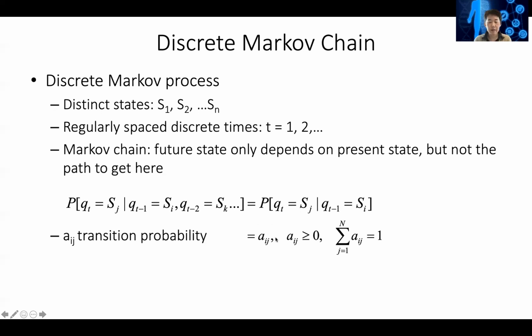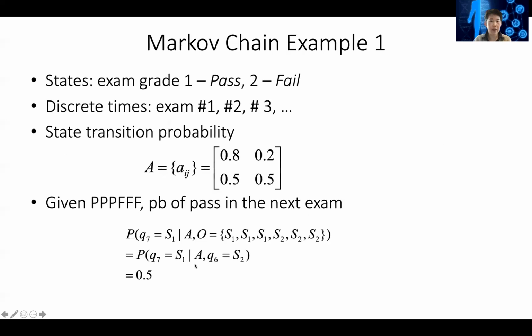And this is something called a transition probability, which is often written as a_ij, which is, knowing that at t-1 you are in state i, what's the probability at time t that we will get to state j. And because this is a probability, all the numbers should be larger than or equal to 0. And imagine at time t, if there are overall X number of options, the total of all options together should add up to 1. And so this is the transition probability.